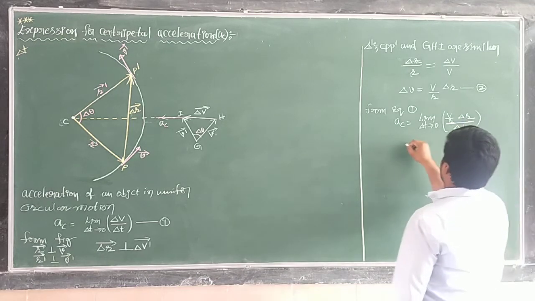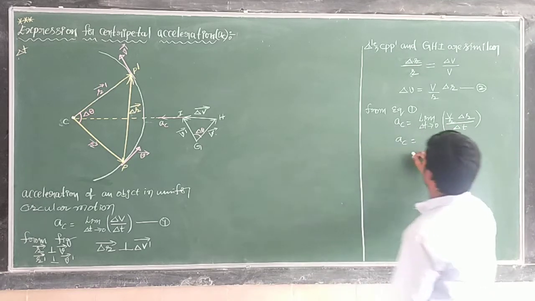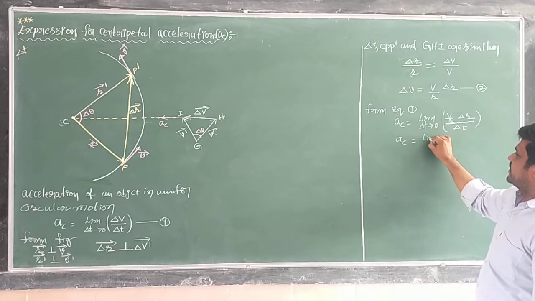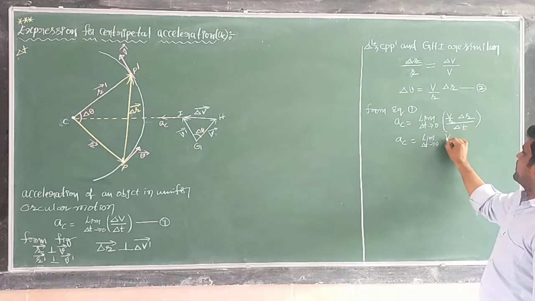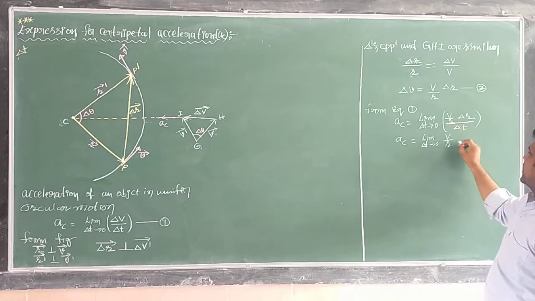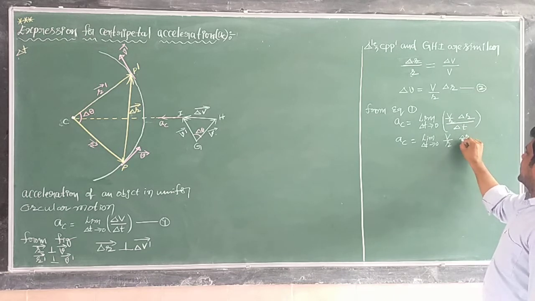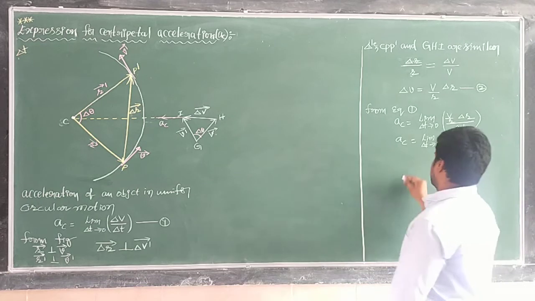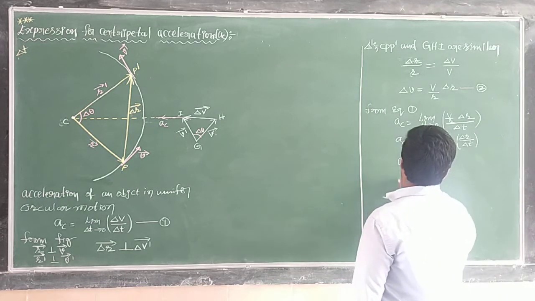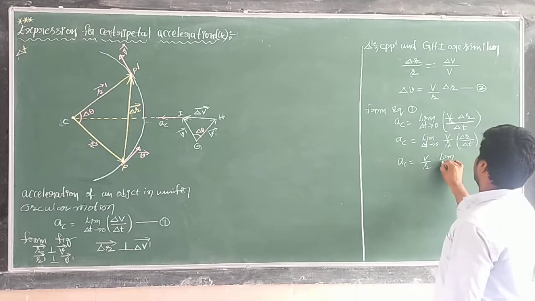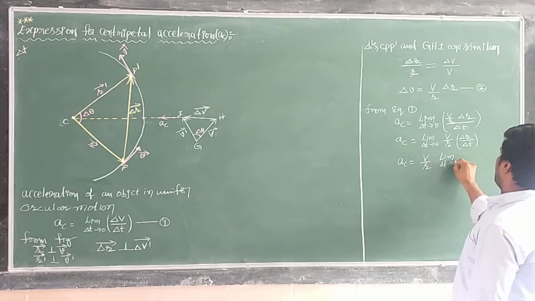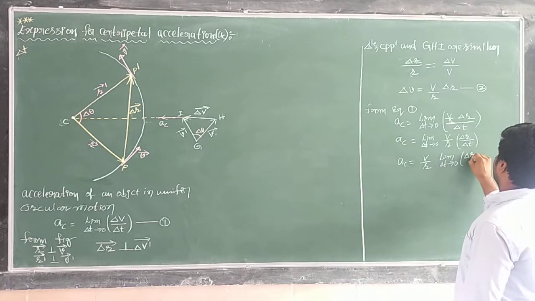Take V by R outside: AC is equal to V by R into limit delta t tends to 0 of delta R by delta t.